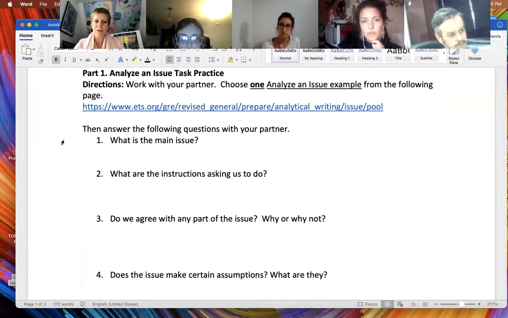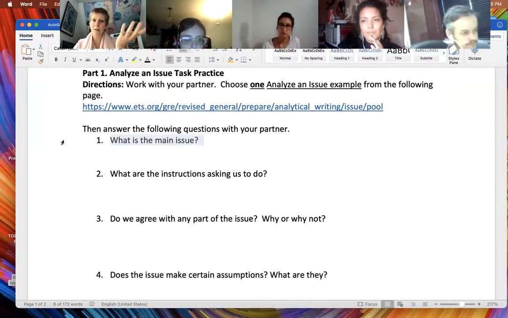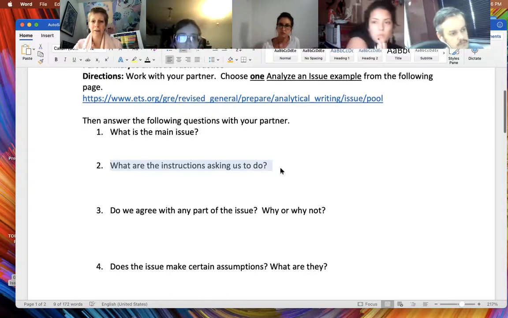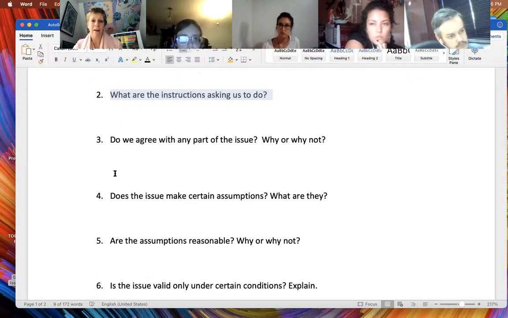So just like we just did, I asked you, what is the main problem here, right? And Inara was able to give us what the situation was, right? And then most importantly, what are the instructions asking us to do, right? So you and your partner, what are they asking us to do, all right? And then decide, do we agree with this point or not?